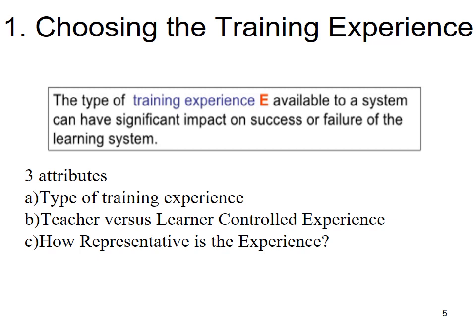So what kind of training experience do we need here to drive a car? We need to get training from a well-experienced person, or we need to go to a driving class to get better experience. So training experience can always have a significant impact on the success or failure of the learner.